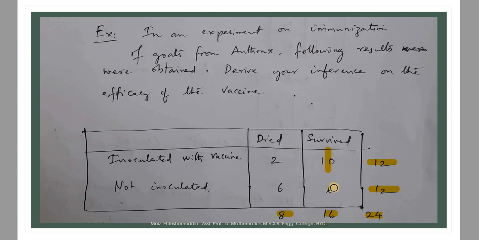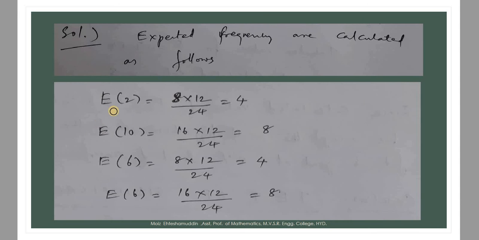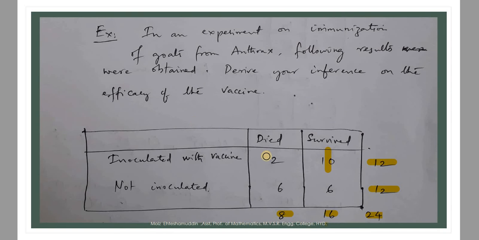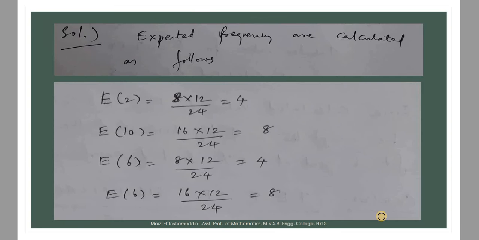So for any cell, the expected value is obtained by multiplying the column total with the row total and then dividing by the total number of elements. You can see that I am calculating the expected value of 2 as 8 into 12 by 24. Similarly, the expected value of 10 will be 16 into 12 divided by 24.